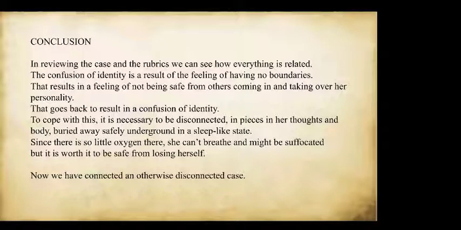To cope with this, it is necessary to be disconnected, in pieces in her thoughts and body, buried away safely underground in a sleep-like state. There, since there's so little oxygen, she can't breathe and might be suffocated, but it is worth it to be safe from losing herself. And so now we've connected up an otherwise disconnected case.